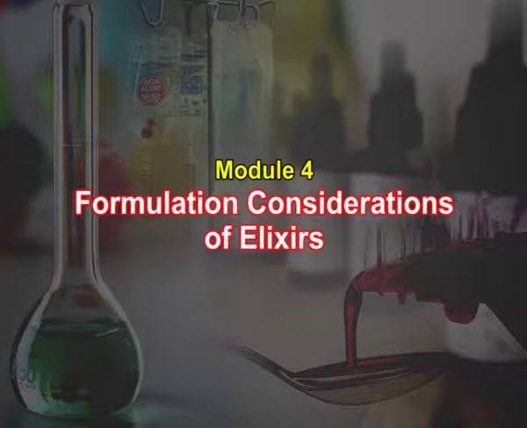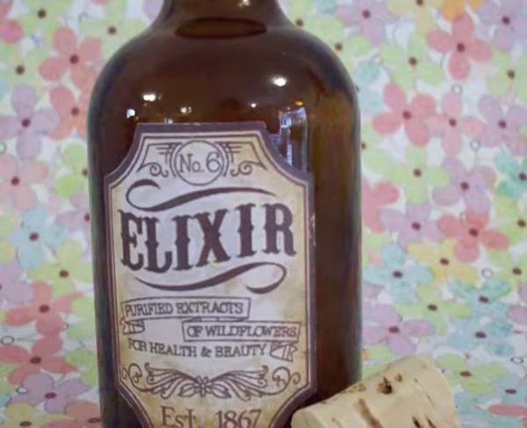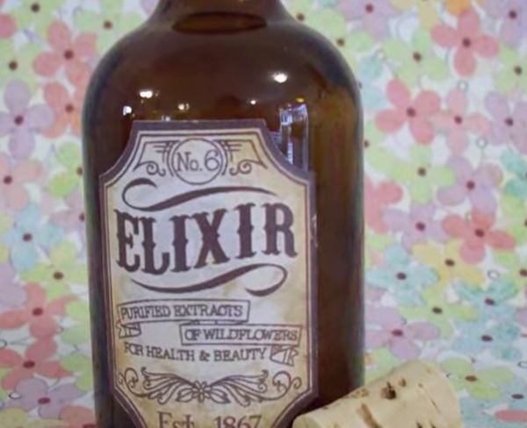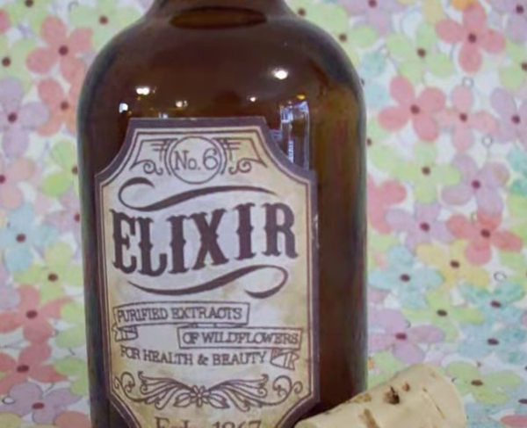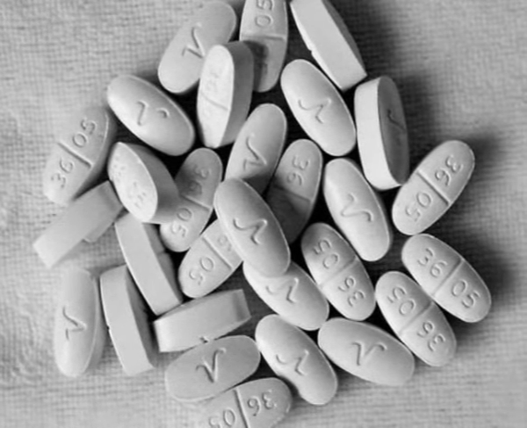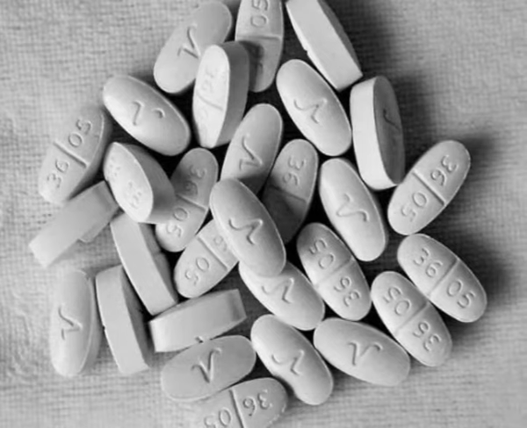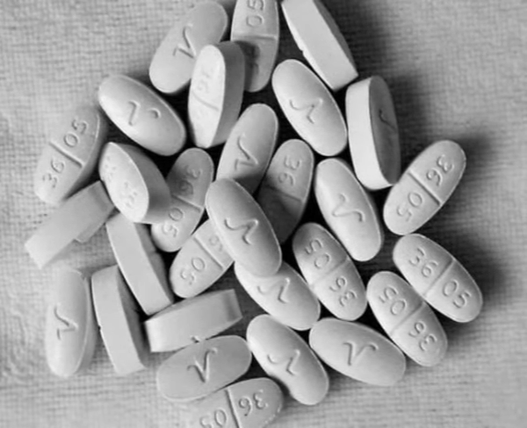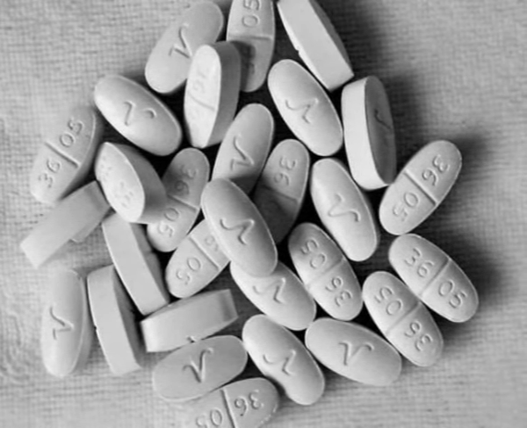Now module 4. Elixirs. Elixirs are clear liquid oral preparations of potent drugs or unpalatable drugs. They are sweetened hydroalcoholic liquids intended for oral use, containing flavoring substances or active medicinal agents.